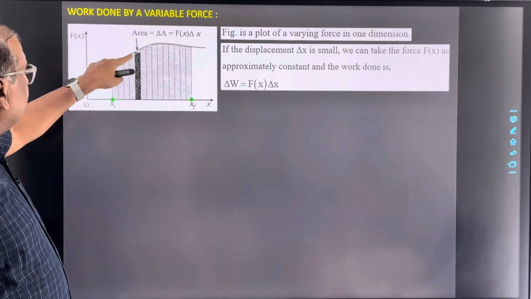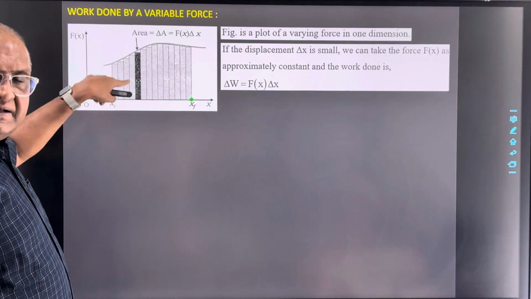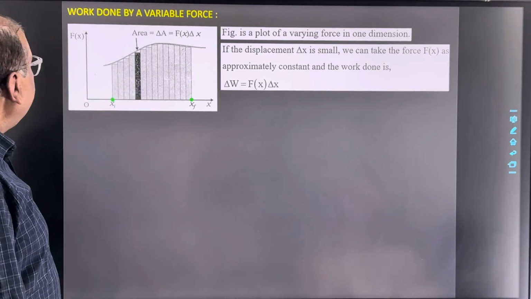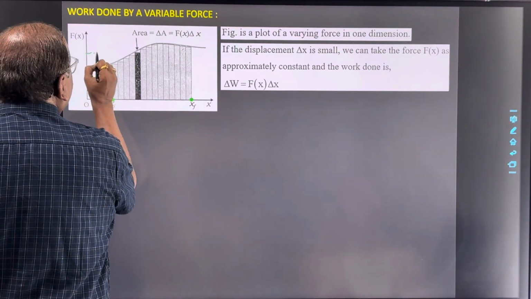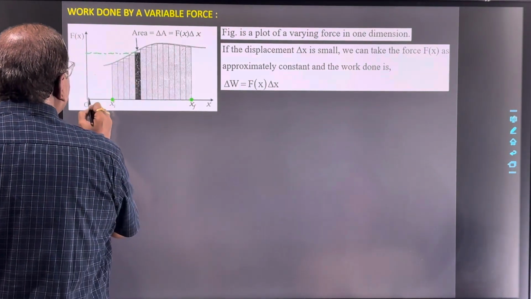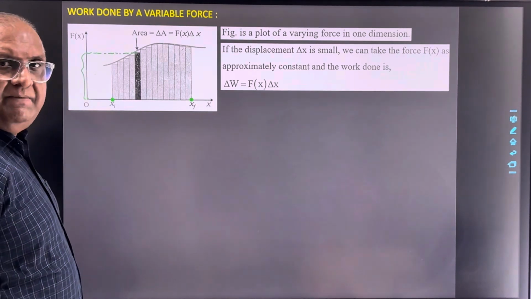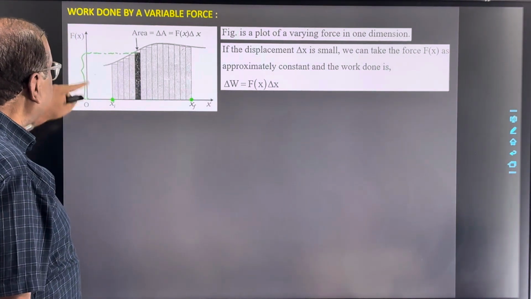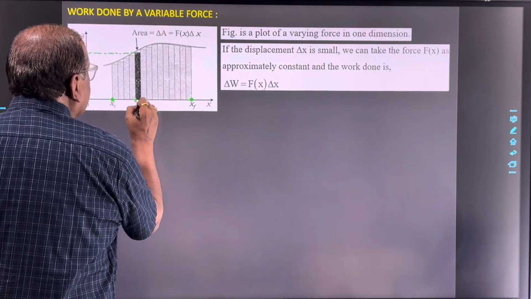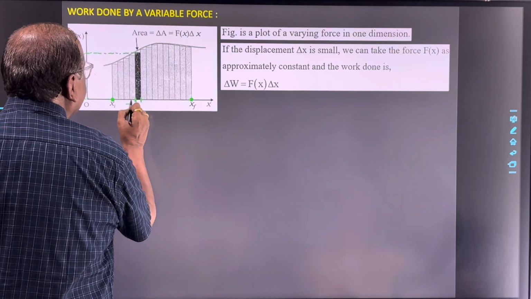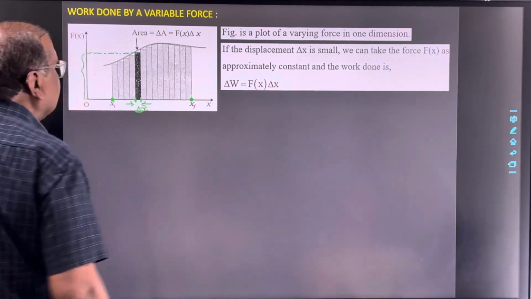Suppose we consider one such strip, which one is dark here, then if we take the area of this strip, see here. So this particular portion, the height of the strip, that will give you the force, and on the x-axis this particular width of the strip is suppose delta x.